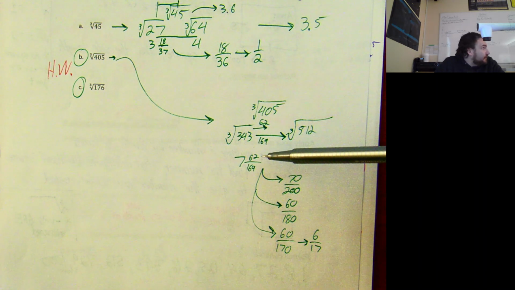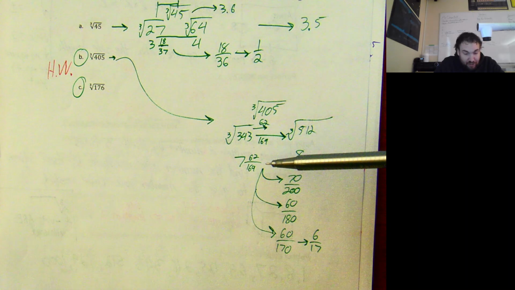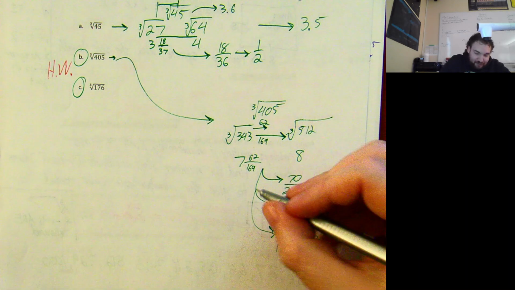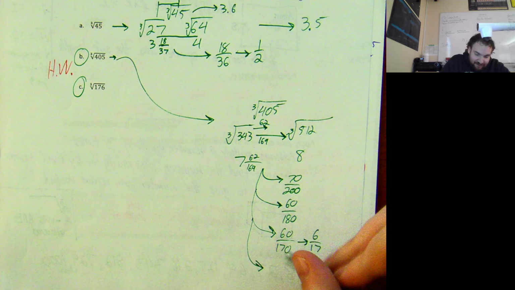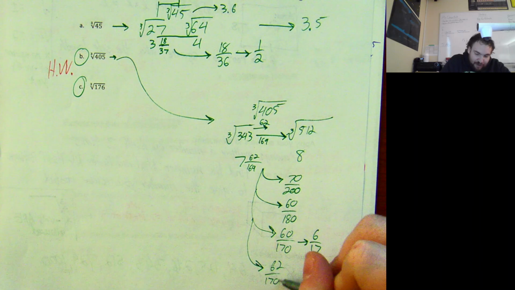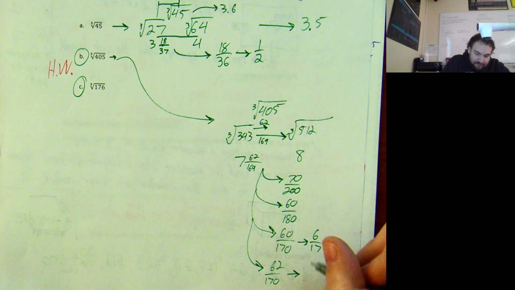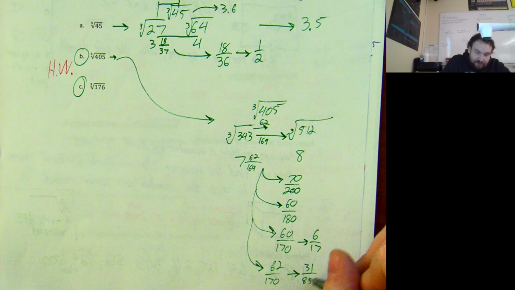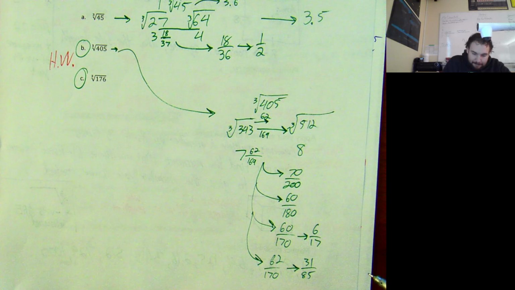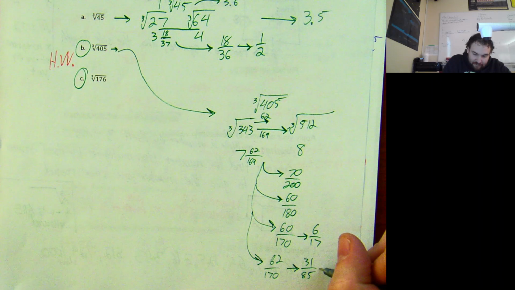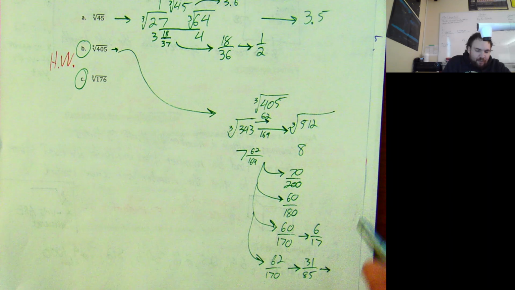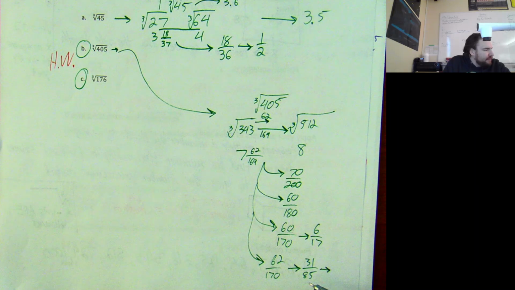Yeah. Ooh, and then what? Okay, so you did this. You just left a 62 over 170, which takes you to what? Then what did you do? Sorry, say that again. After 31 over 85, what did you do?